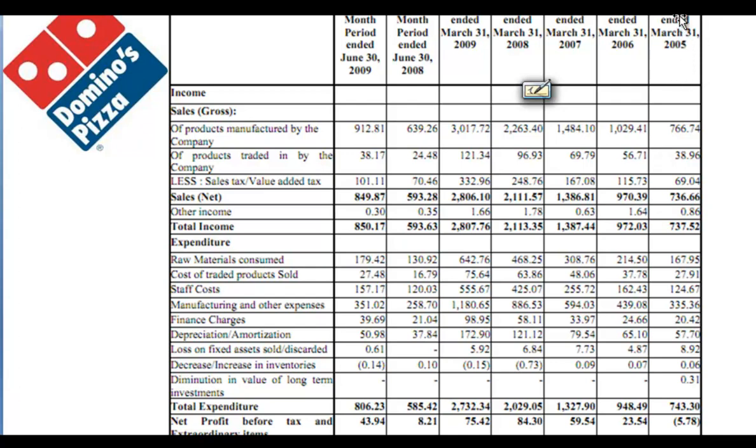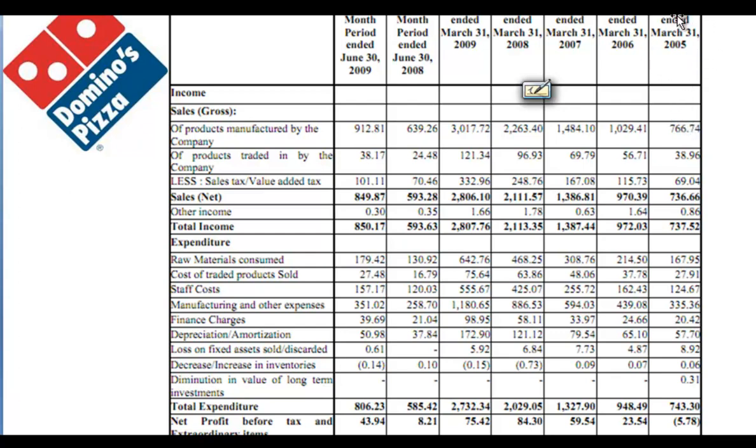So here you see this income statement. Here they have year ended March 31st, 2005. That means that is the yearly income statement. This column here is the yearly income statement of Domino's Pizza for the 12 months ended March 31st. Before we get into financial year and all that, it's a little confusing because not all companies have their years starting in January and ending in December.